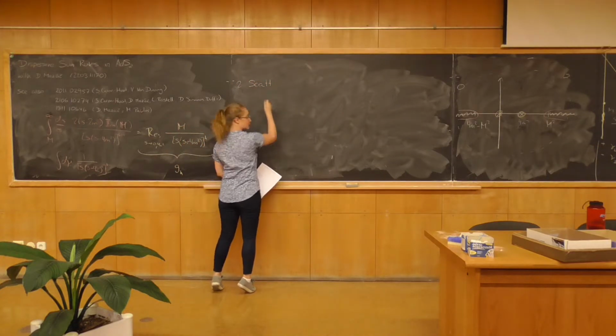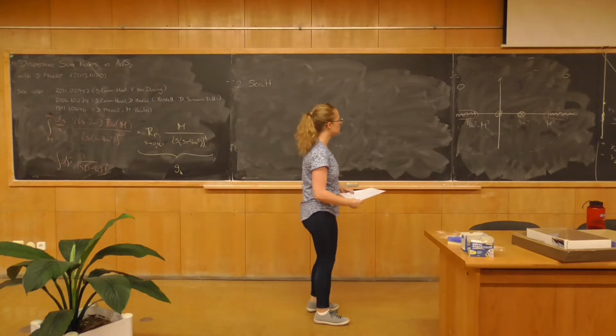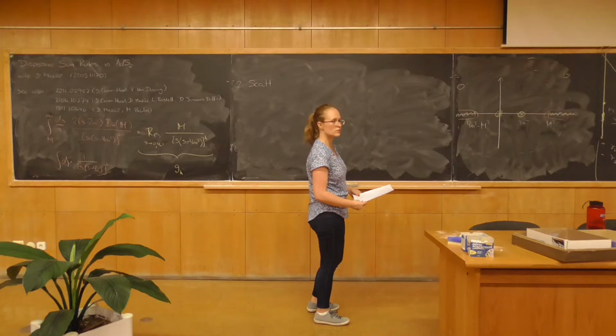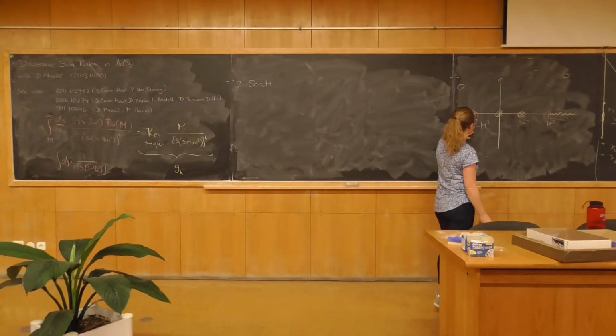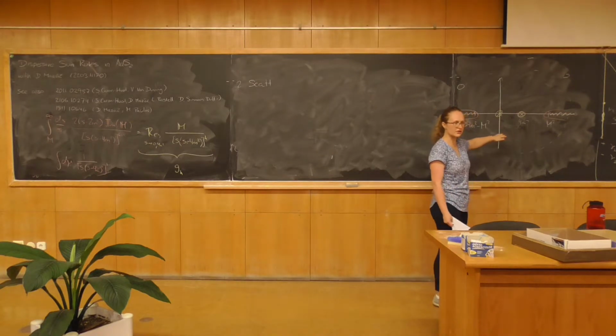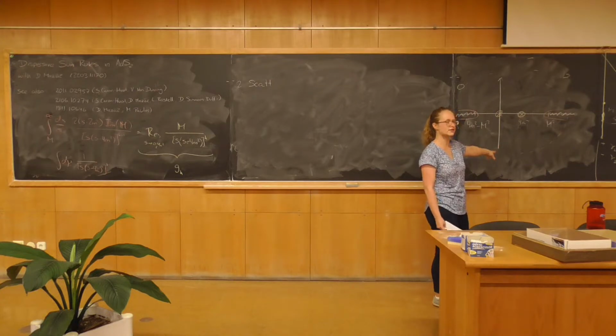Sorry, can I ask a question? What would be a class of theories in 2 dimensions that have this small m and then this separation scale? What's a good prototype of the type of theories you have? So for small m, I wouldn't particularly know a specific theory. If you take m to be 0, you'll recover the same results as you'd have for the flux tubes. That would be a massless scalar.